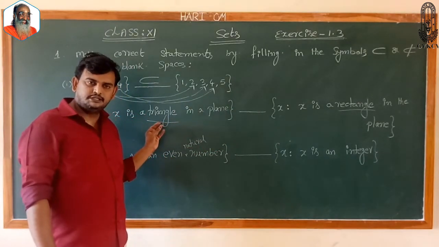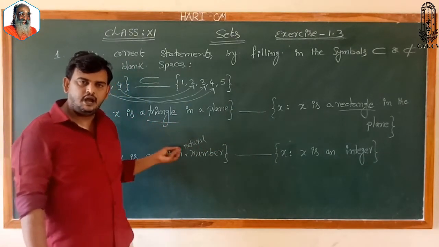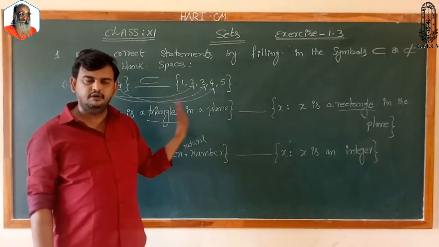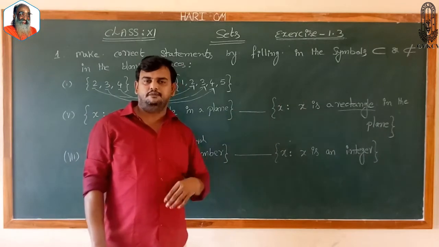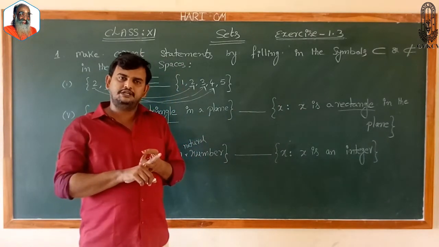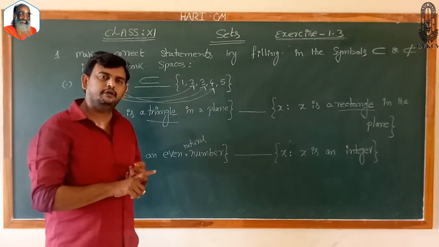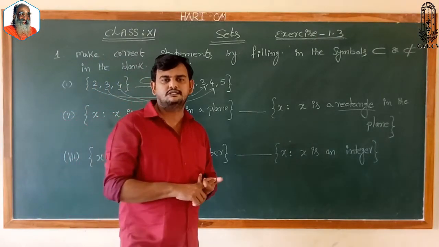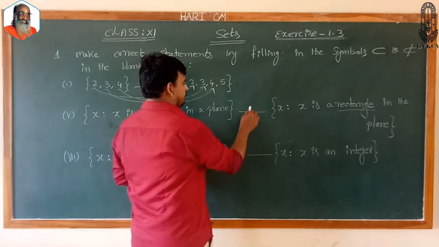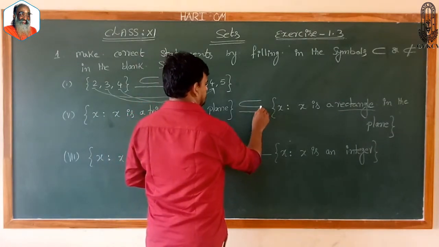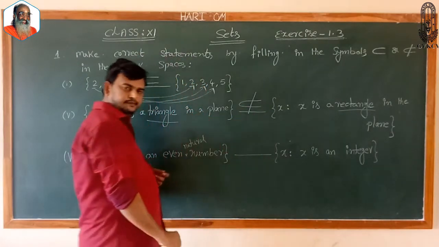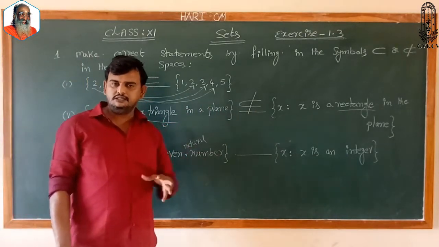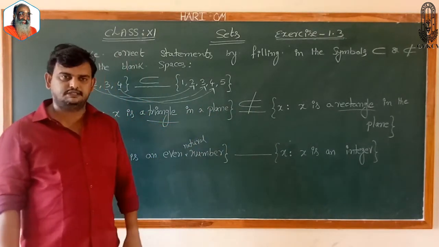A triangle is a different shape, a rectangle is a different shape. When there is no relation between them, how can we say that they are subsets? It is not a subset. So we have to use the not-subset symbol. The set of triangles and the set of rectangles are not subsets.